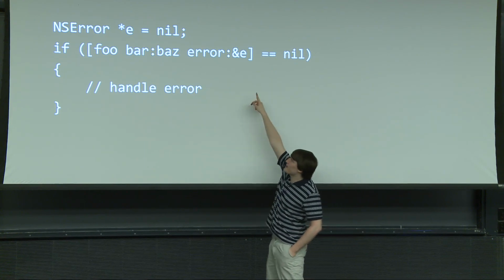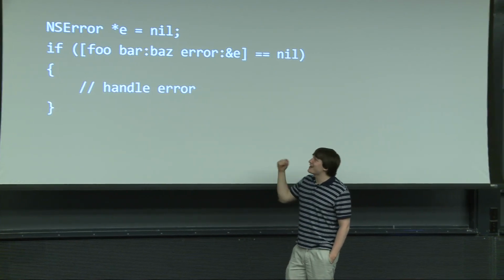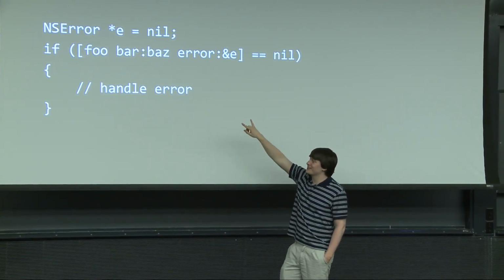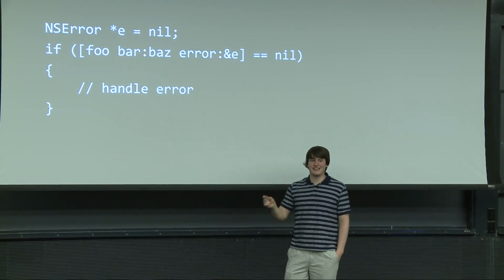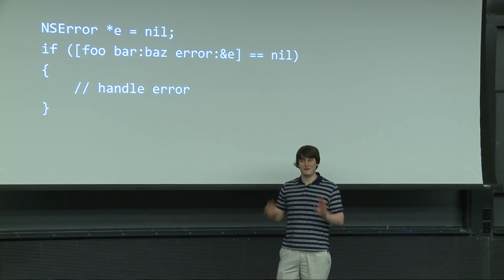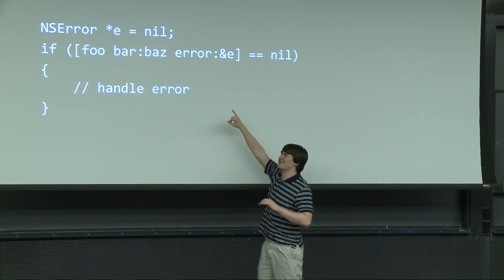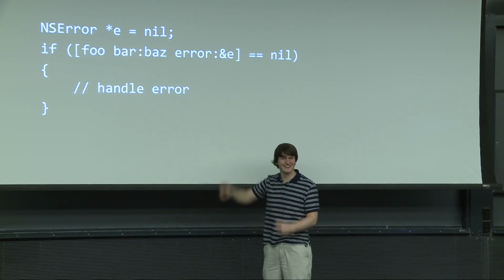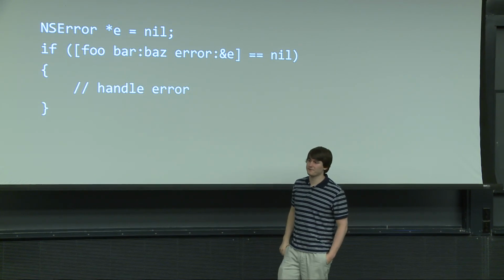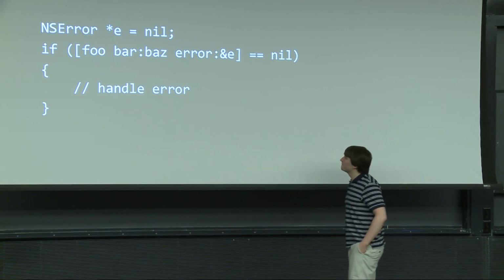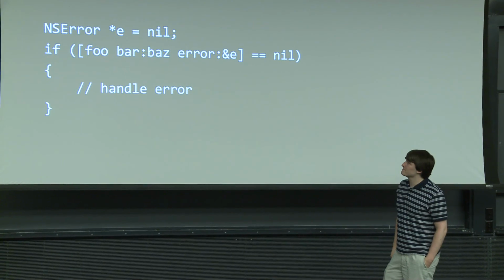If we just passed E, then inside of this method, it would have to dereference E, which is something you shouldn't be doing. You should never dereference an object. Plus, if you tried to dereference E, you'd be dereferencing nil. The return value of the whole thing is now the error, so that's why you're comparing it to nil.